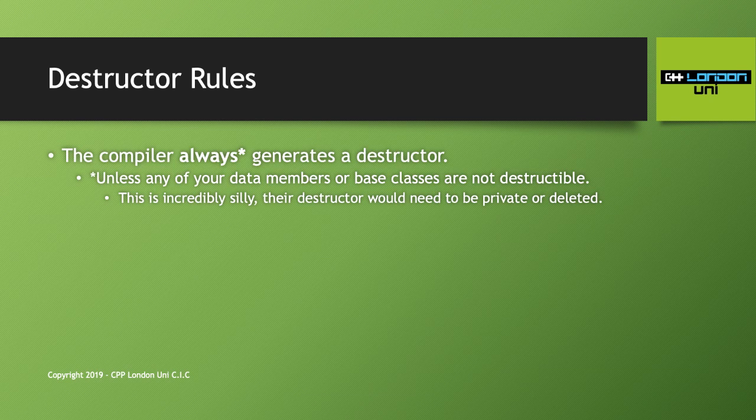I don't ever expect you to find this in any kind of real life sane code, because the only way to use an object that has done this is to construct it with new and leak the memory, which is not very useful. They are literally creating a type that you have to leak, because you have no way of destroying it. You would have to do new and never delete it. So in practice, this is ridiculous.